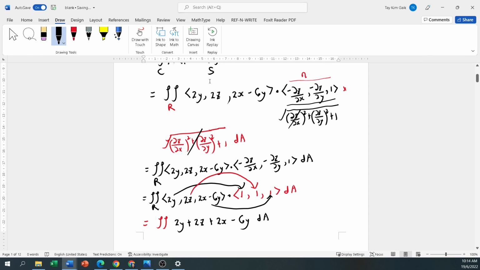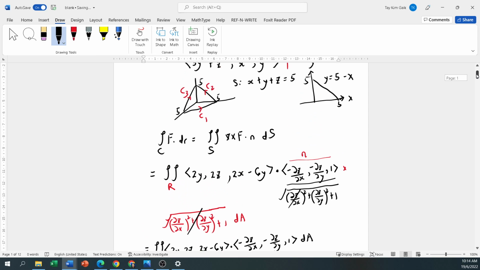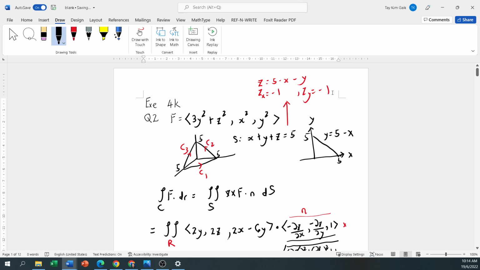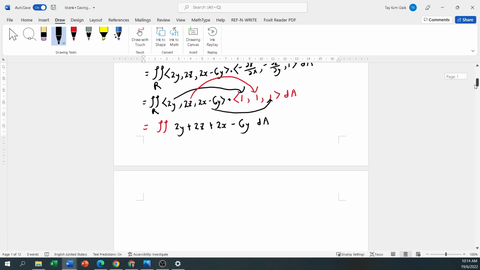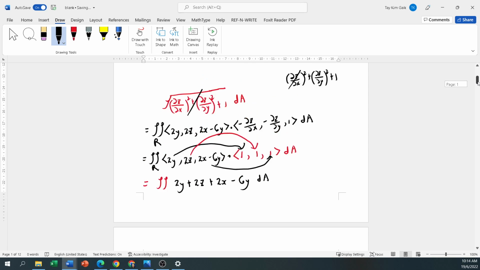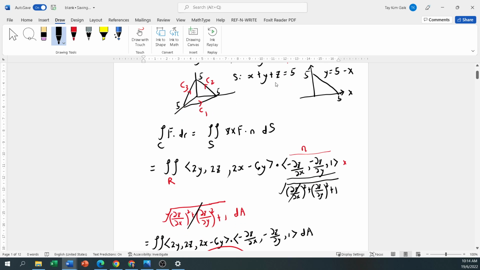So this is a double integral in terms of x and y, so z you need to plug back in. What is z? z is pi minus x minus y. So 2y minus 6y, you got negative 4y. Plug in z from the surface given.